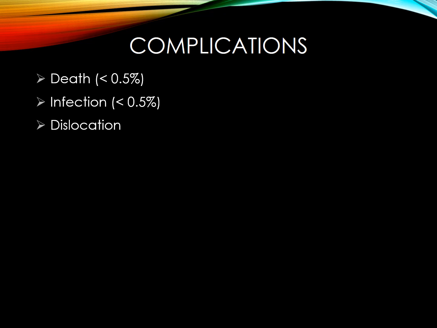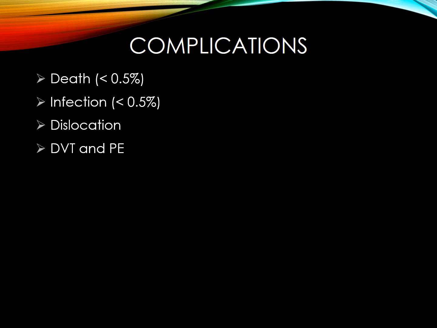Obviously, you can get DVTs and emboli, and so patients get thromboprophylaxis, and nowadays they tend to have Fragmin, which they have for 6 weeks, and they usually inject themselves at home.